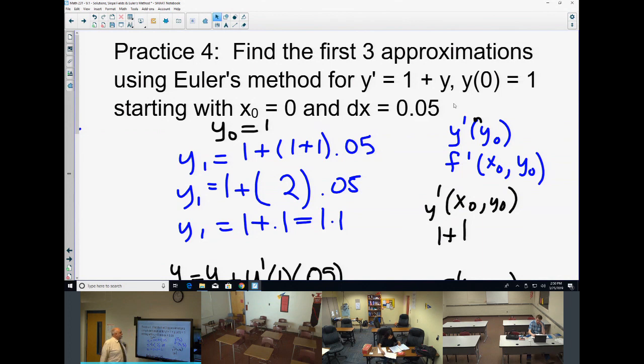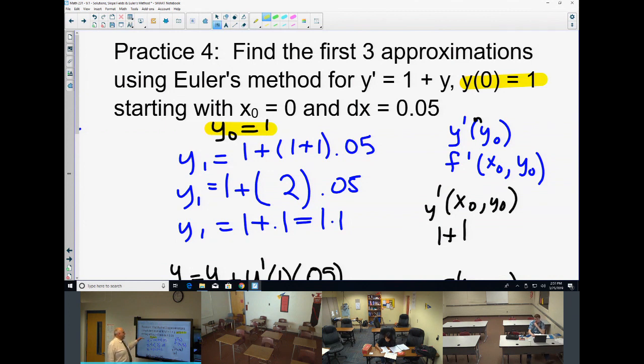What you do is you are given a first guess of y sub 0. When it says here y of 0 equals 1, that's the same thing as saying y sub 0 equals 1. So we're going to start with that. That's like our first guess. So you say y sub 0 equals 1.